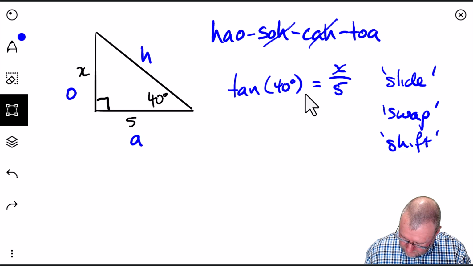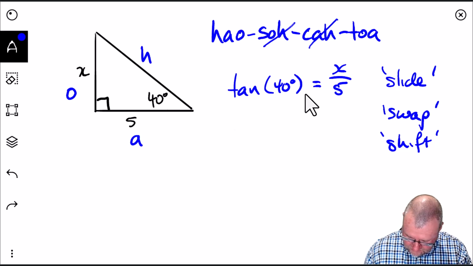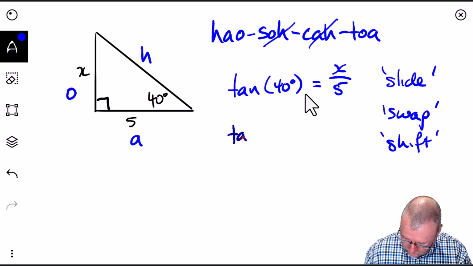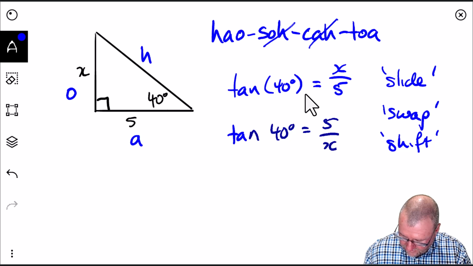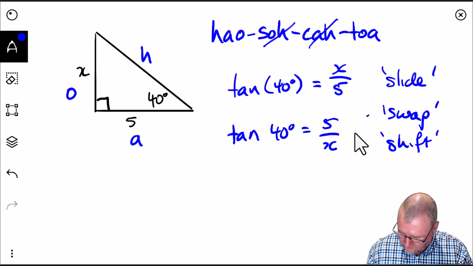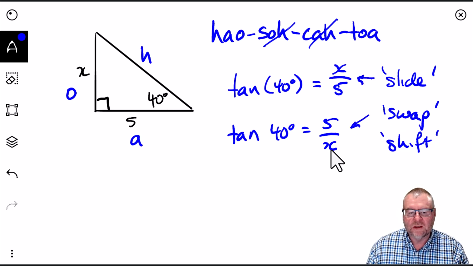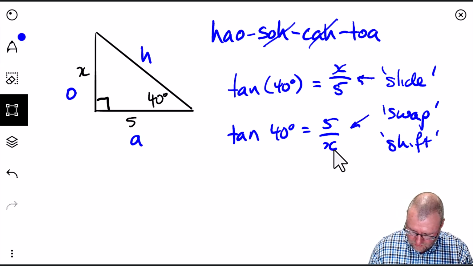If I had, let's say, after I've done the first part of the question, tan of 40 equals, let's say I had 5 over X, this would be a swap question. That one's a slide. This one would be a swap question because the X is on the bottom.